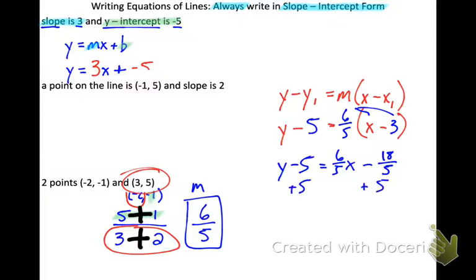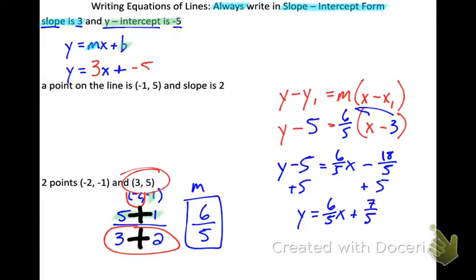Again, I like using fractions just in case. I know that it turns out as a terminating decimal, but just being comfortable with using fractions is always a good thing. So if I do negative 18 fifths plus 5 gives me 1.4, which is the same thing as 7 fifths.